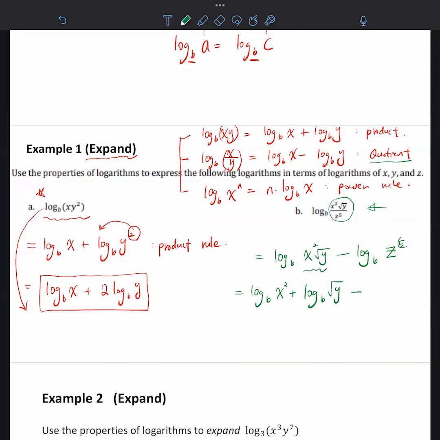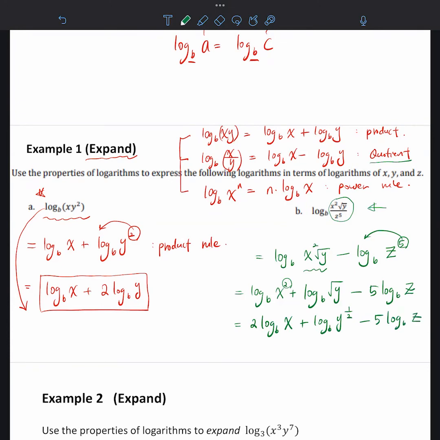And then you see that here, 5 I can bring to the front according to the power rule, 5 log base b of z. Looks okay. Let's continue. I can bring 2 to the front. 2 log base b of x, and I know that radical y means y to the half exponent.